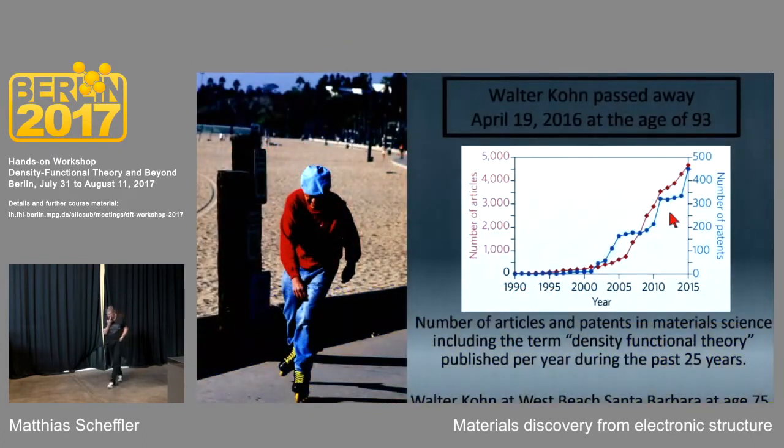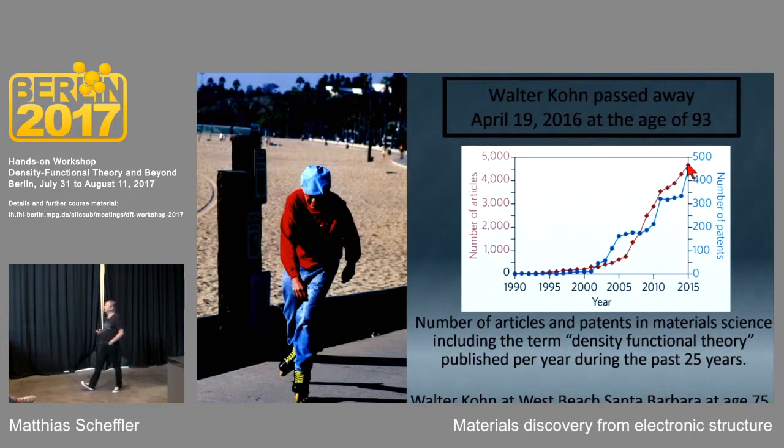Walter Kohn died about a year ago, and this is from an obituary which I already gave. Let me say something about the importance of density functional theory. If you look at the number of papers which have the phrase density functional theory in them, you see how it has changed over the years, increasing to something like 5,000 papers per year.